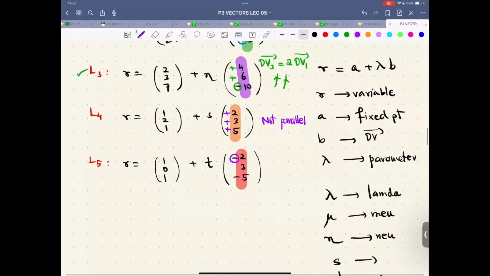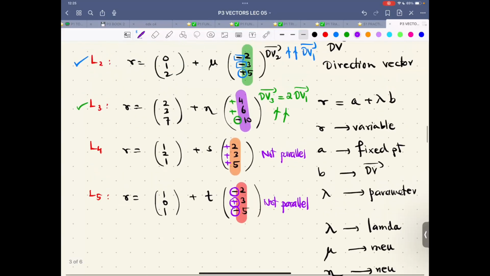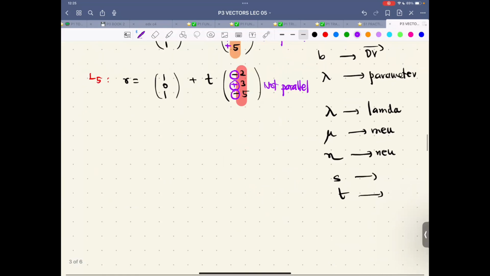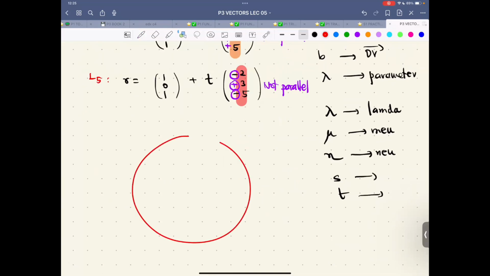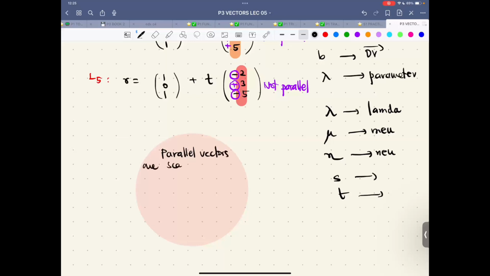And similarly, negative, positive, negative, this is also not parallel. So therefore, the bottom line of the story is, in order for vectors to be parallel, parallel vectors are scalar multiples of one another.